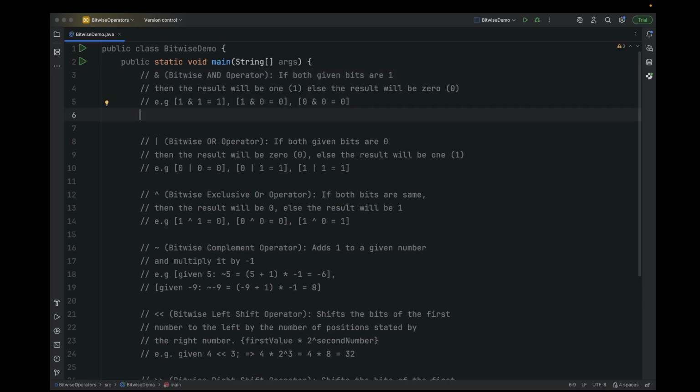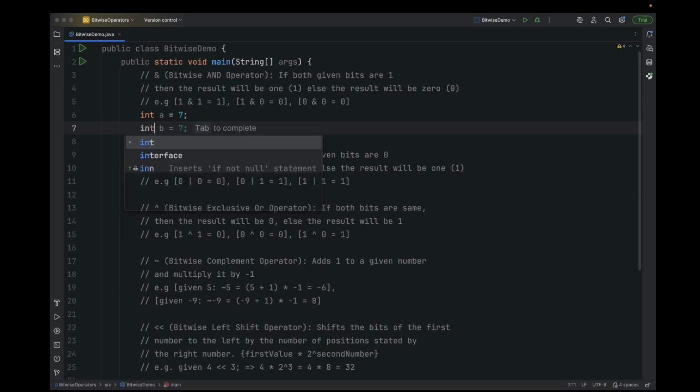Let's say we have a number, int a equal to 7, and we'll say int b is equal to 5. Yes, we are defining integers here. Just like we said, the bitwise operators are used to manipulate the individual bits.